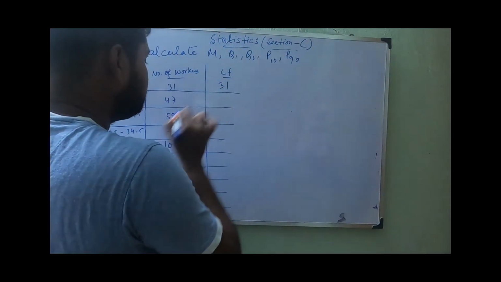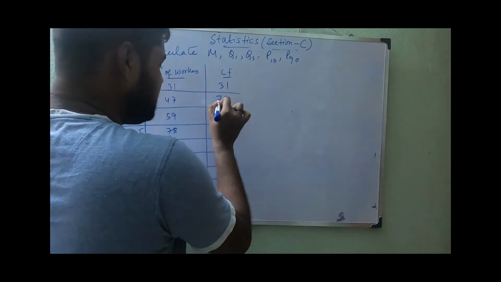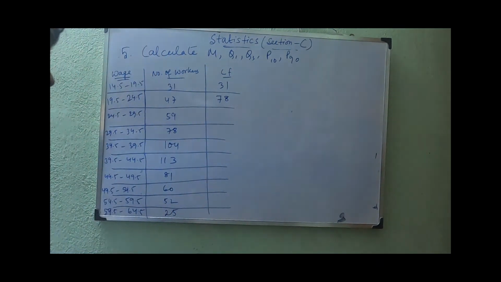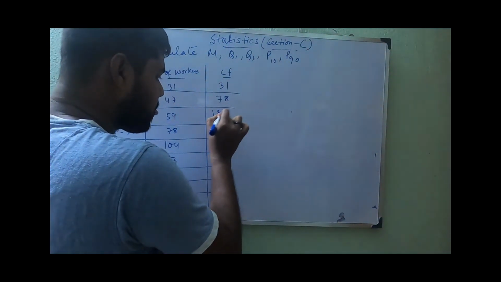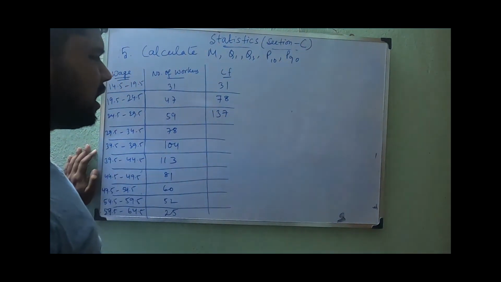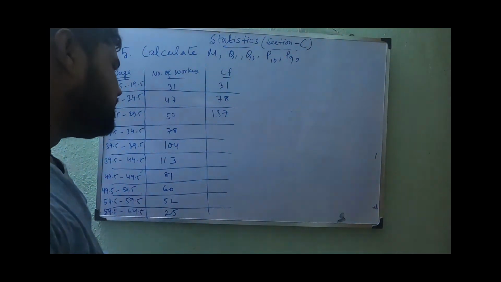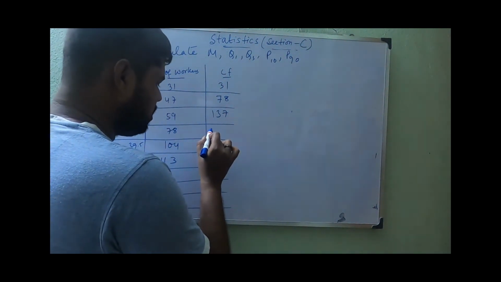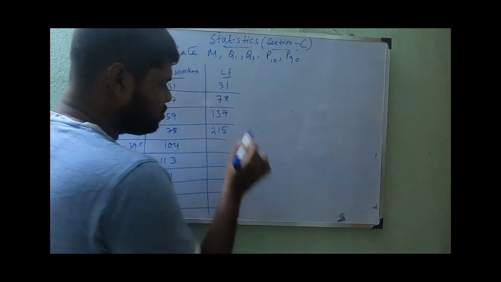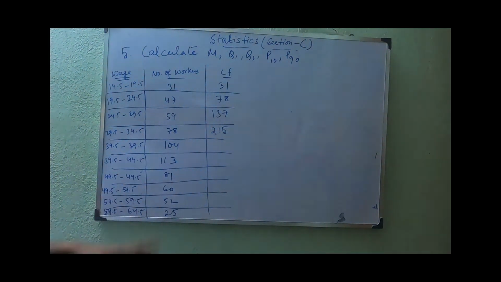So this is 31, this is 78. Now 78 plus 59, that should be 137. 137 plus 78 should be, any guesses? 215, I think so, yes.